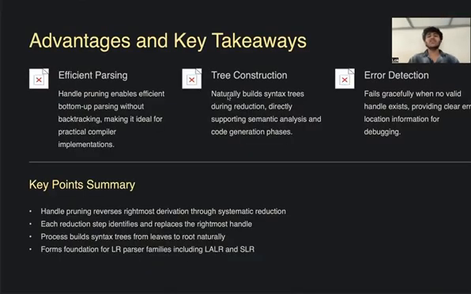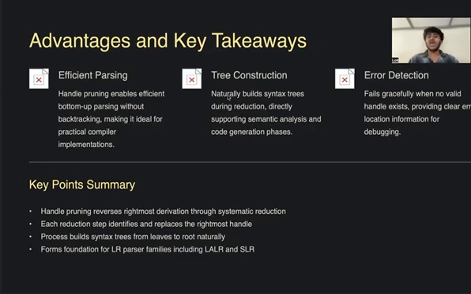Let's talk about the advantages and key takeaways. Finally, let's look at the advantages. Efficient parsing: no backtracking required, so it is faster. Tree construction: builds the syntax tree naturally during parsing. And next, error detection: if no handle is found, a syntax error is detected clearly. Basically, there are four major key points.